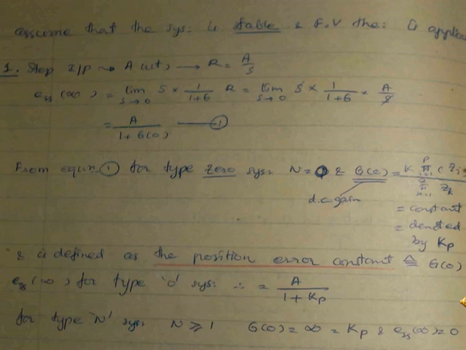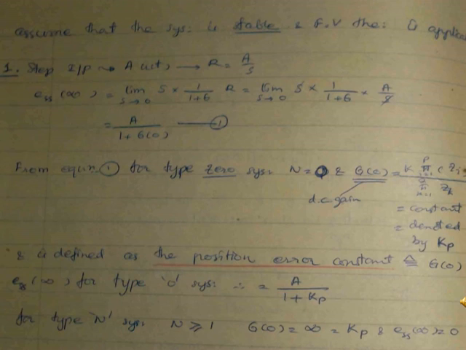Therefore, for the type 0 system, N equal to 0, so G0 equals K multiplied by the numerator product divided by the denominator product, and that will be the constant.